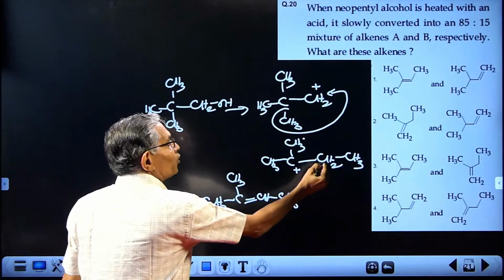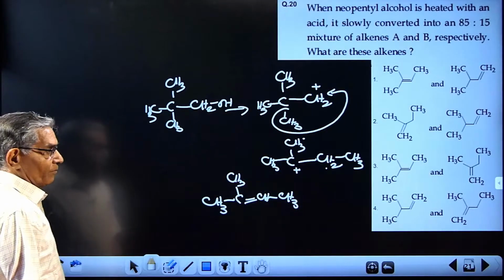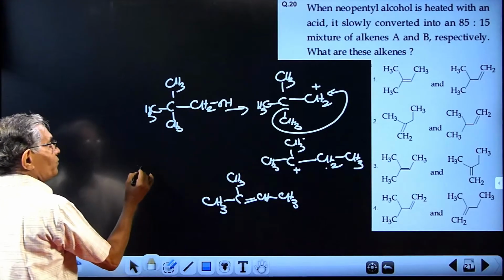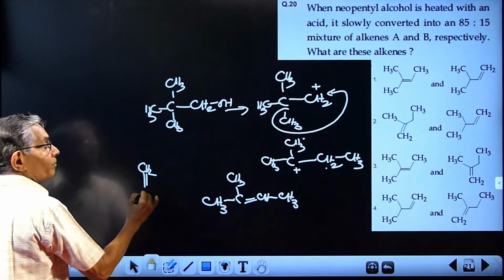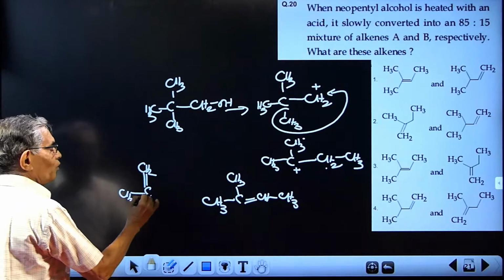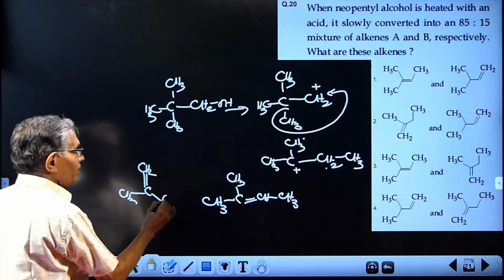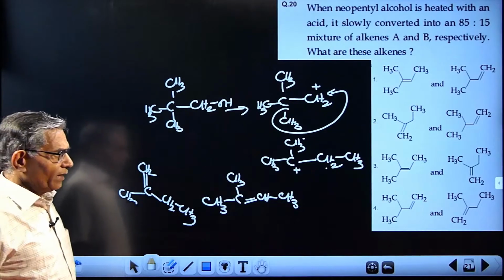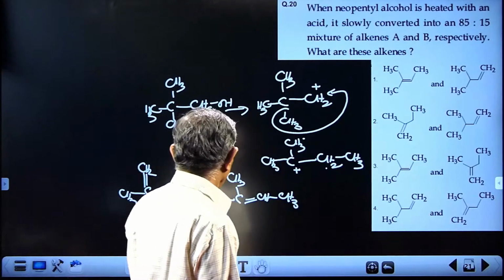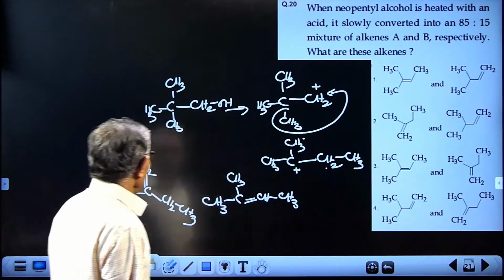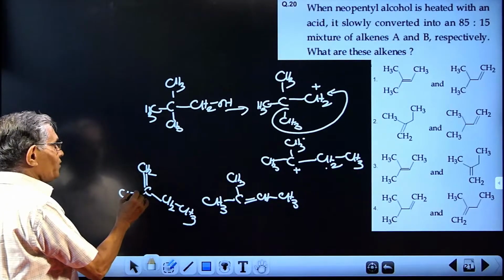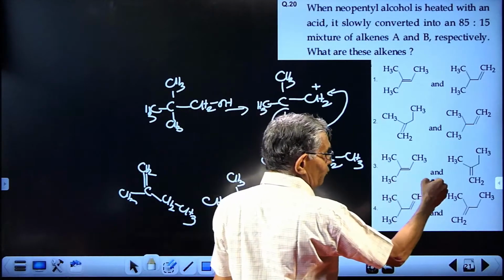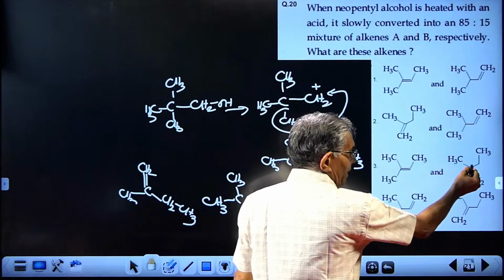It is this proton that is eliminated. And removal of one of these hydrogens, either here or here, will give CH2 double bond C, with CH3 followed by CH2CH3. That is CH2 followed by C, and one methyl and the other ethyl.